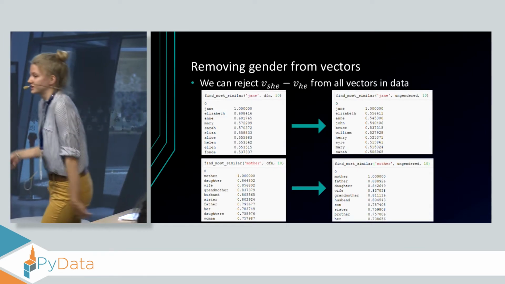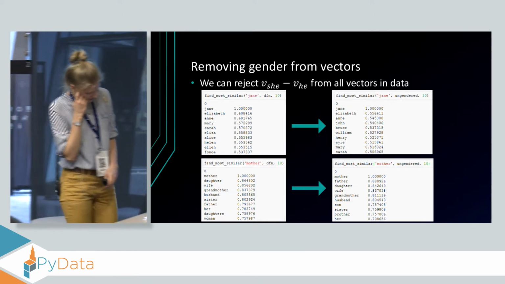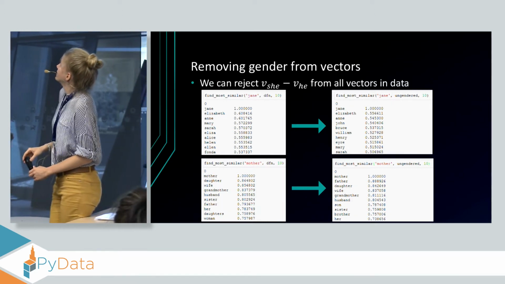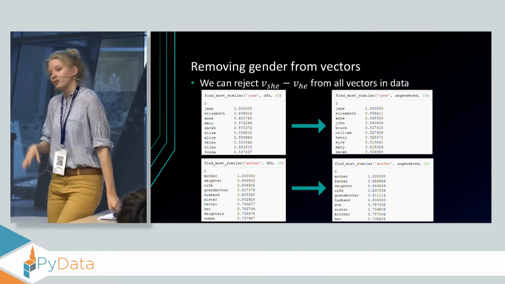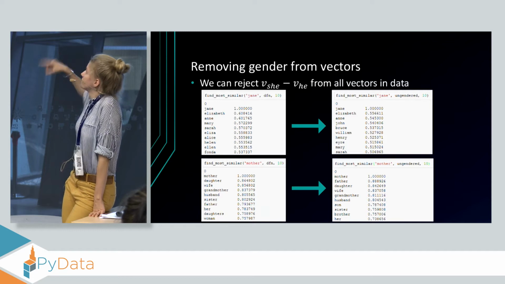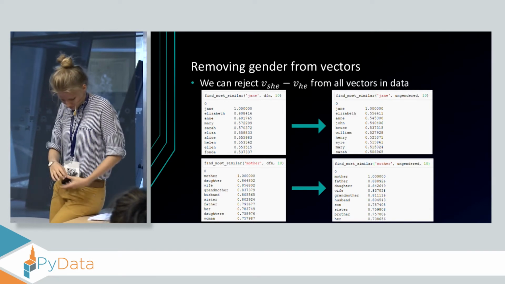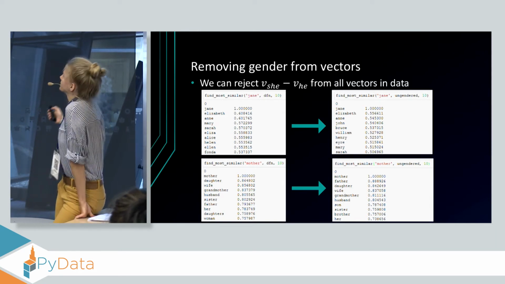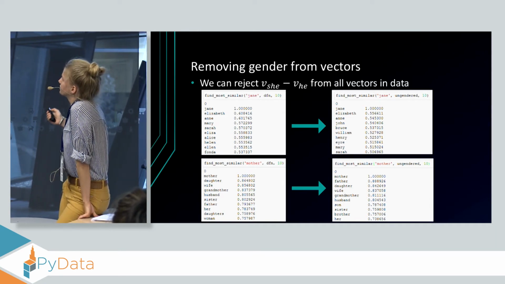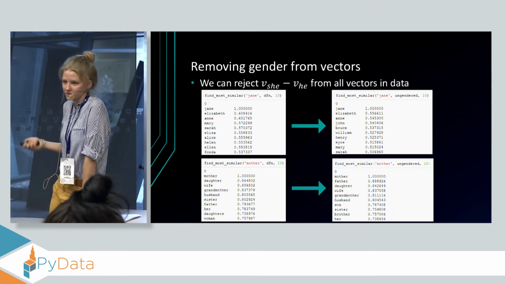Okay. So the next thing that we can do, going back to the gender bias, is that we can take all of the vectors and reject the gender from them. So we reject the she minus he from all of the vectors. On normal vectors, if we take genital, the most similar are female names.